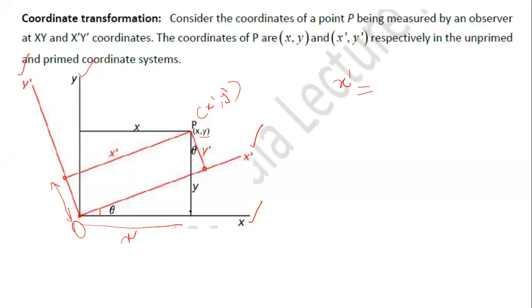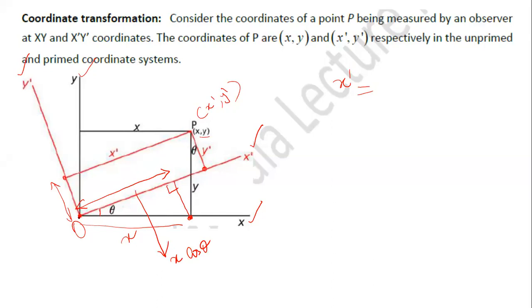So if the length between this and this is x, and you drop a perpendicular here, this is theta. This is a right angle triangle with theta here, and the perpendicular dropped to the x prime axis gives 90 degrees.